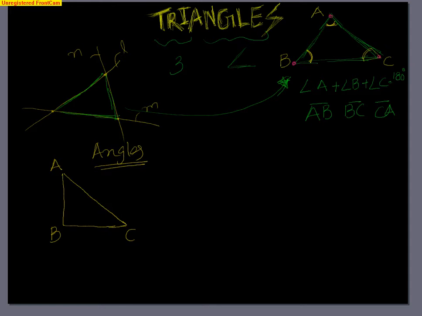The meaning of a right angle triangle is that one angle of the triangle is 90 degrees. Then it is known as a right angle triangle. Because it has one right angle in it, it's called a right angle triangle. And the side opposite to the 90 degrees angle, opposite to this vertex B, is called the hypotenuse.